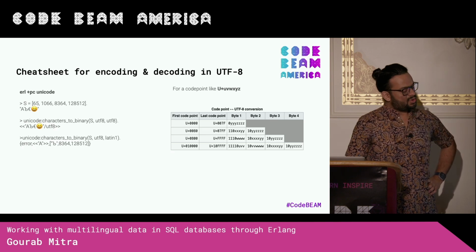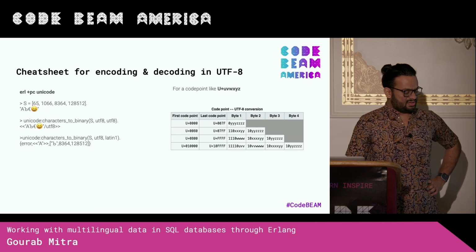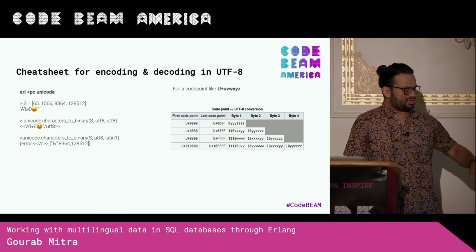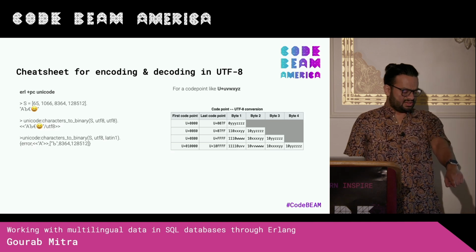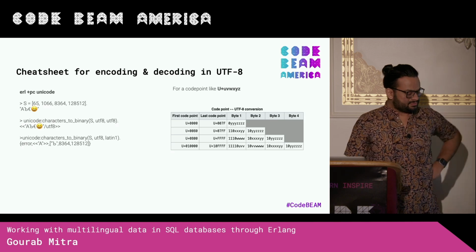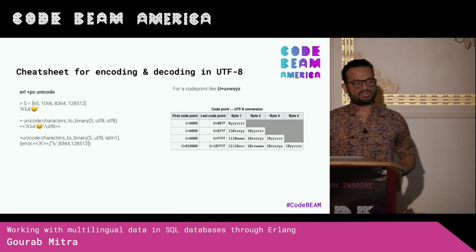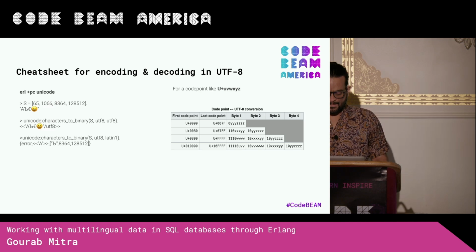I do not know why they are not doing it for the multi-byte characters, because the smiley sign is in the third and fourth row of the table on the right side. Good question. Let me get back to you on that, or if someone in the audience has the answer, I don't know.